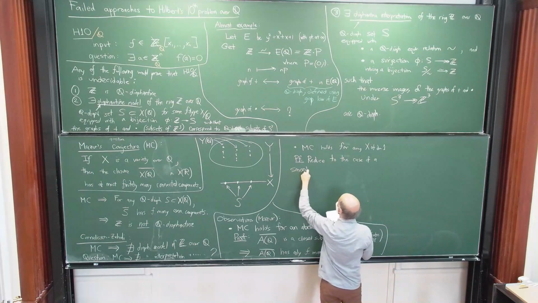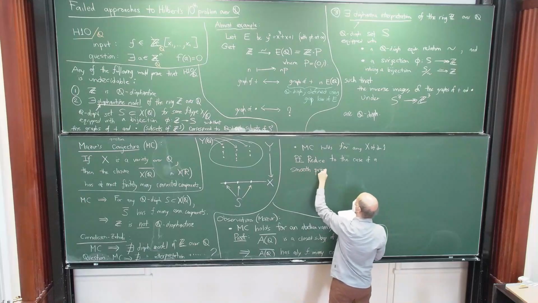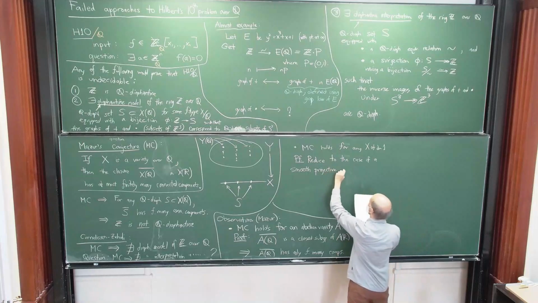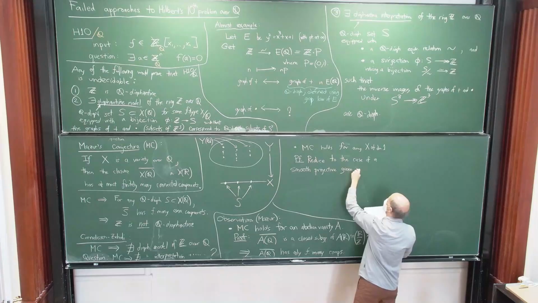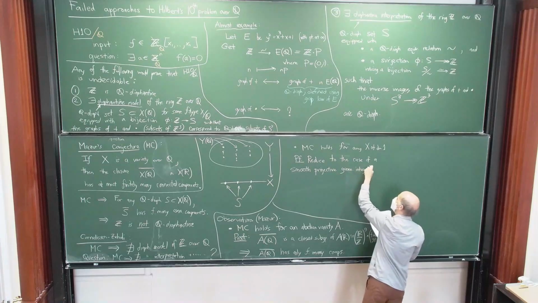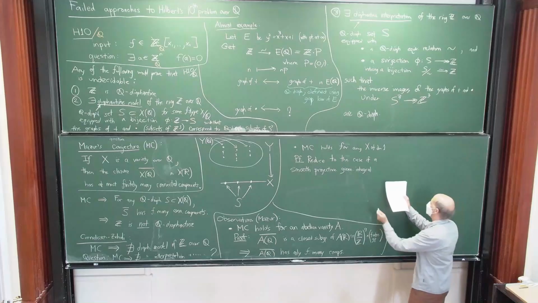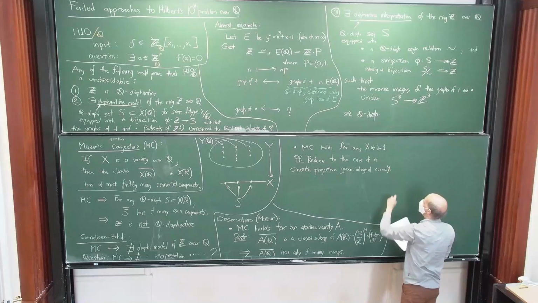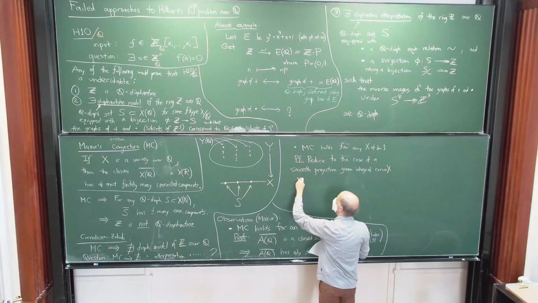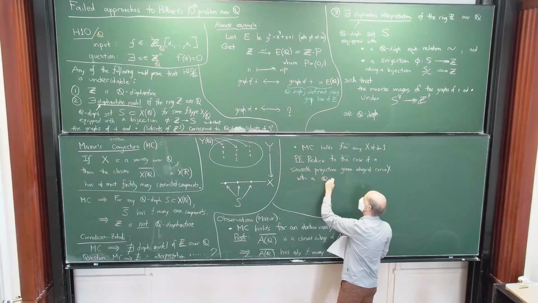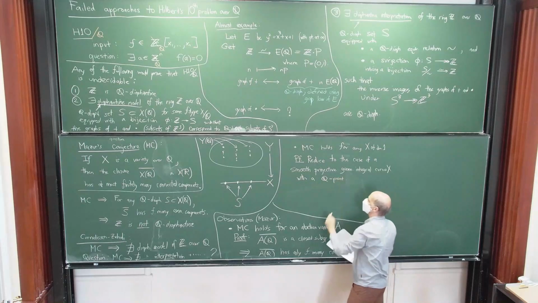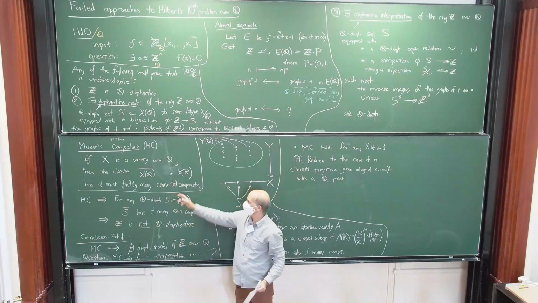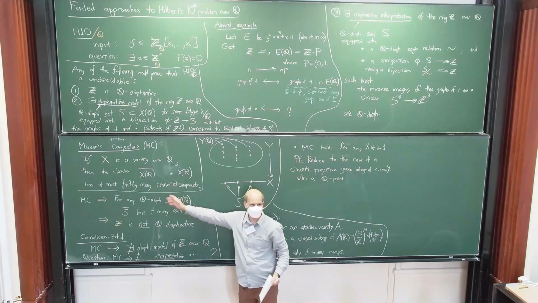You can desingularize it, because that also changes things only in a finite number of points. And so it's smooth projective, and you can assume it's geometrically integral, whatever that means. And obviously, if you're trying to prove this conjecture, you can also assume that there is a rational point, because the empty set has at most finitely many connected components.